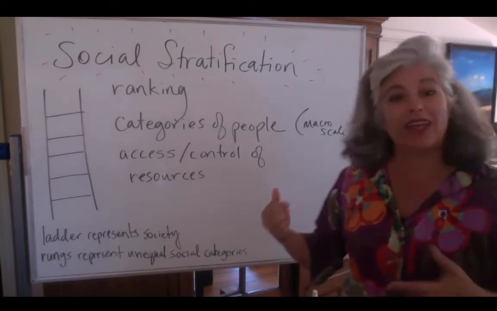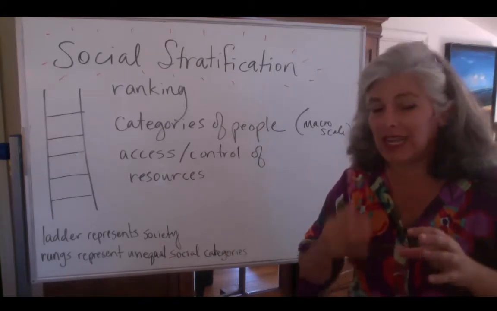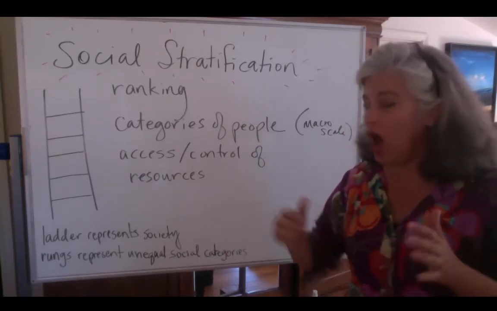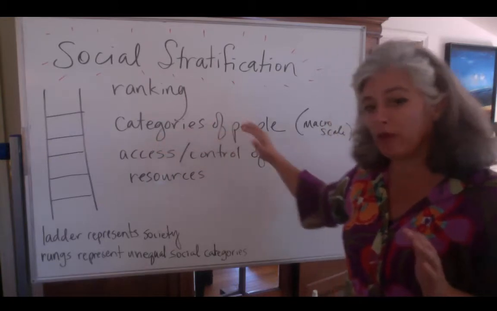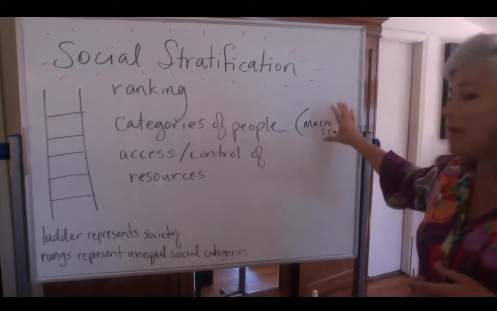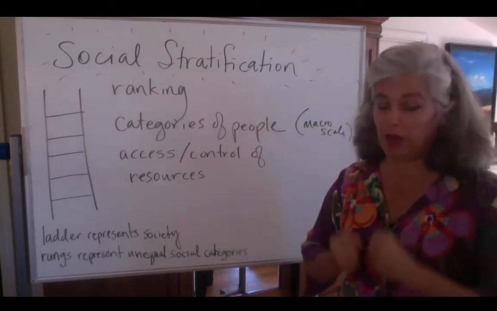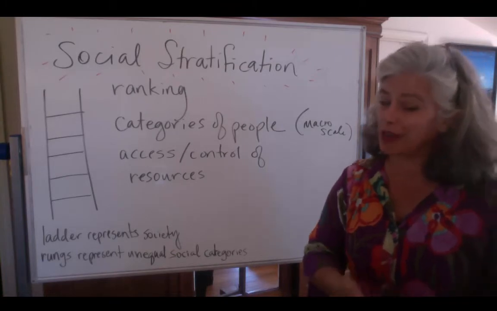But social stratification is about ranking of inequality. It's an inequality comparison among the different categories of people that exist in a society, categories of people on the macro scale. We're talking about huge social groupings of people who have certain characteristics in common.